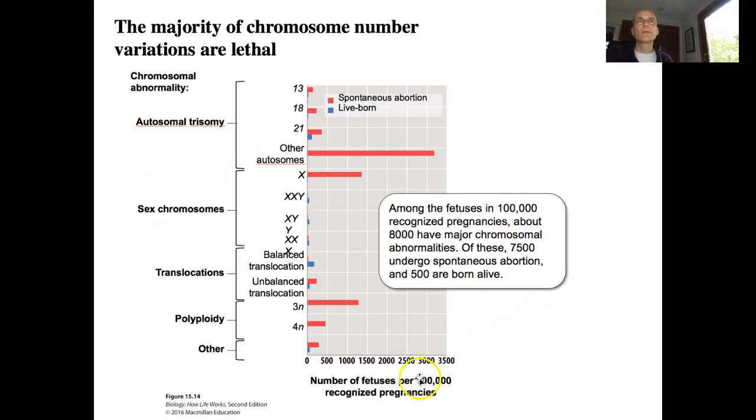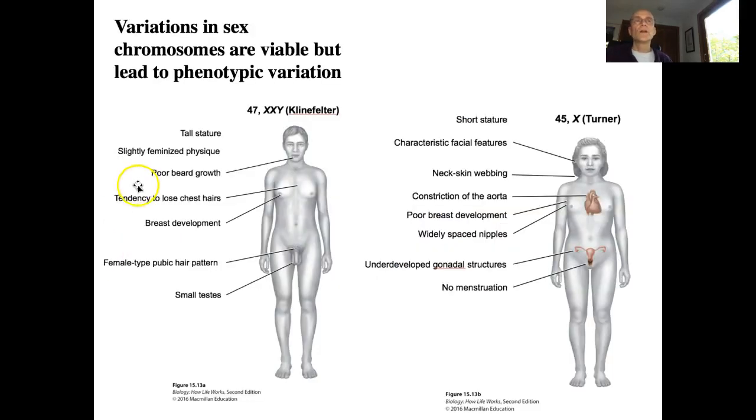You can spend some time on your own looking at this information here. It's quite interesting to see exactly what the types of chromosomal variations are, how many of these can lead to live births, and how many can occur which are spontaneously aborted. And then here's an example of sex chromosome variations.